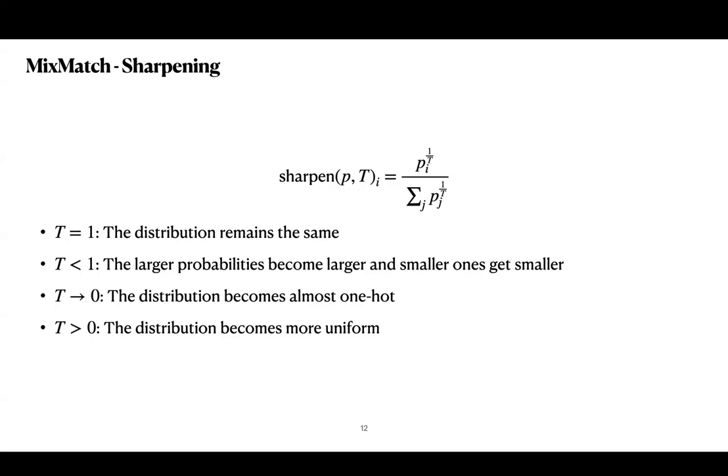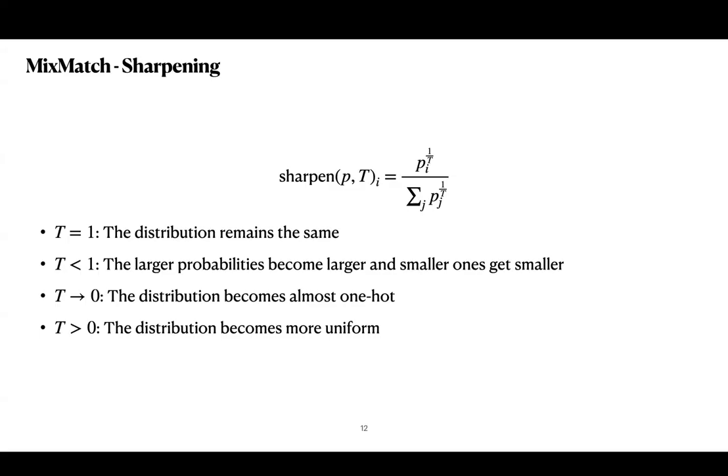Considering why we are using the sharpening phase, the second and third options could be considered almost the same, but the correct answer would be T going towards 0.